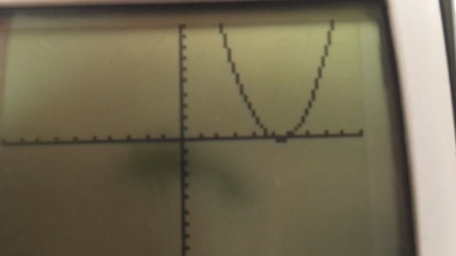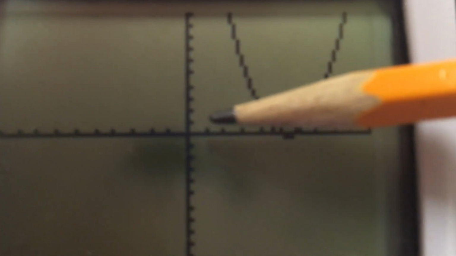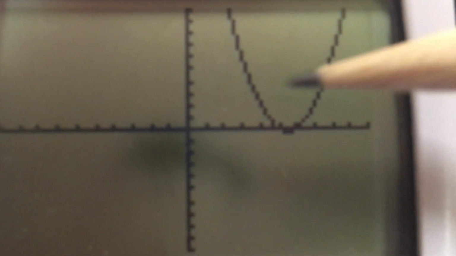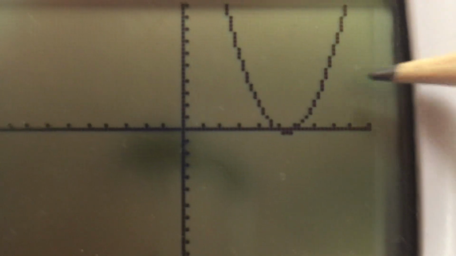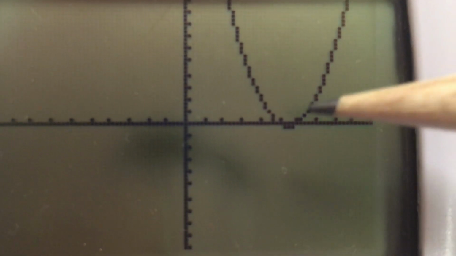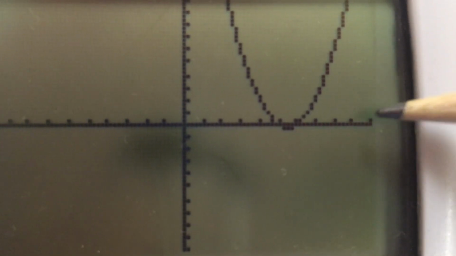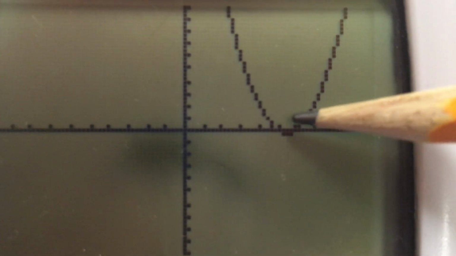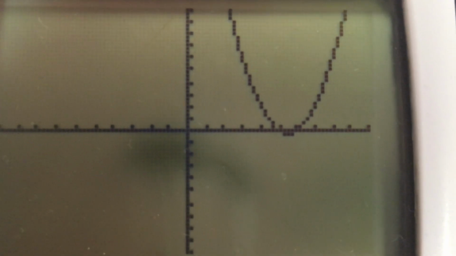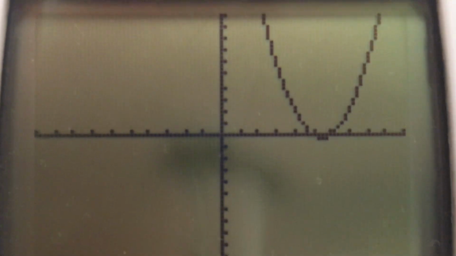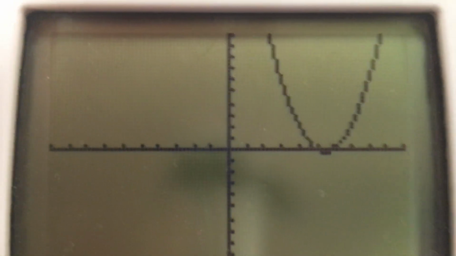And you can see that the graph is touching the x-axis at 5 and 6. So 1, 2, 3, 4, 5 is right here, and then 6 is right here, 7, 8, 9. So you can see that our solutions are correct. We got the right solutions, positive 5 and positive 6. And this is how we factor so that we can find solutions of quadratic equations.